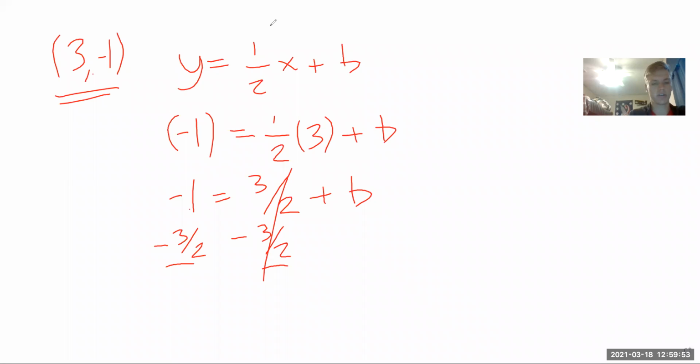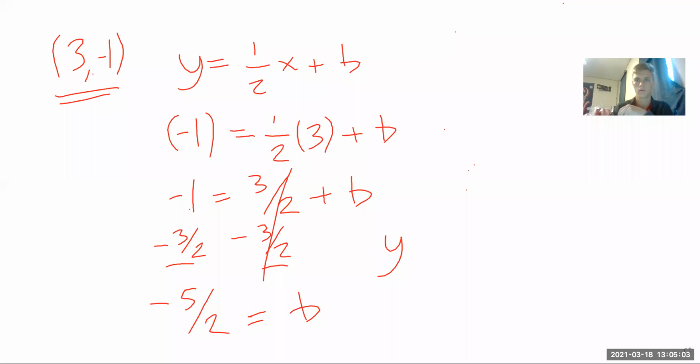So minus 1 minus 3/2 is minus 5/2. Not minus 1/2 because this is negative. This becomes b is minus 5/2. So we can write our equation out. Okay, and so we have y equals, a was 1/2.